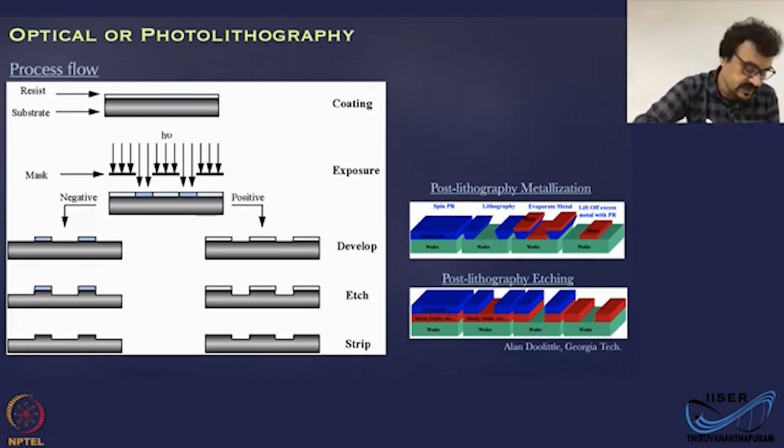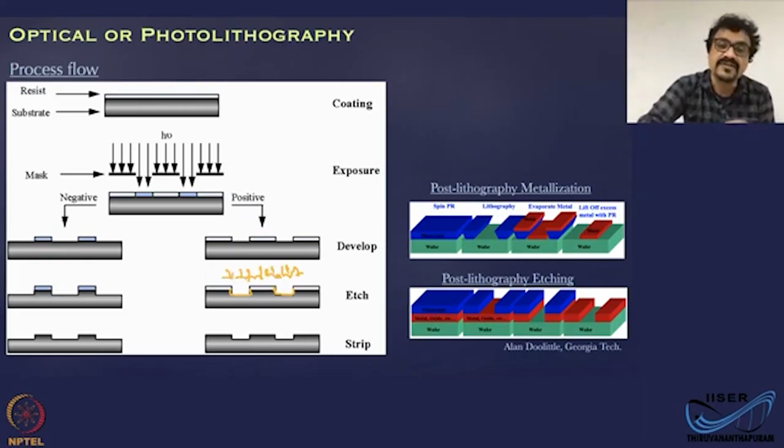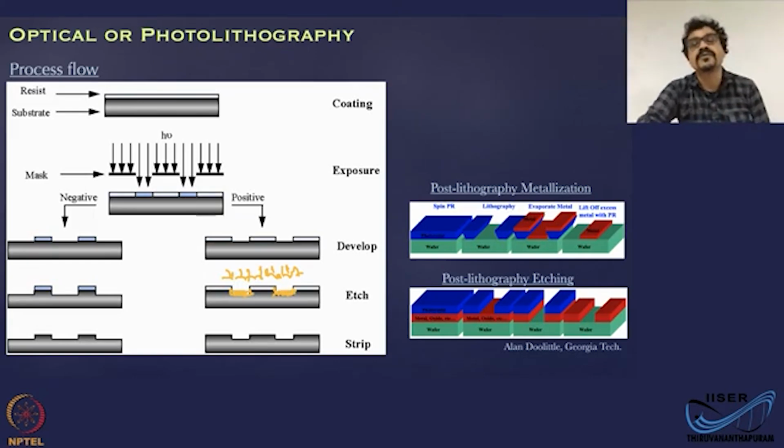So either you can actually etch it down, that means you can remove material and create a profile, or alternatively you can also deposit metal or dielectric materials or other materials, and you can get layers of the material that you are going to deposit on this substrate.